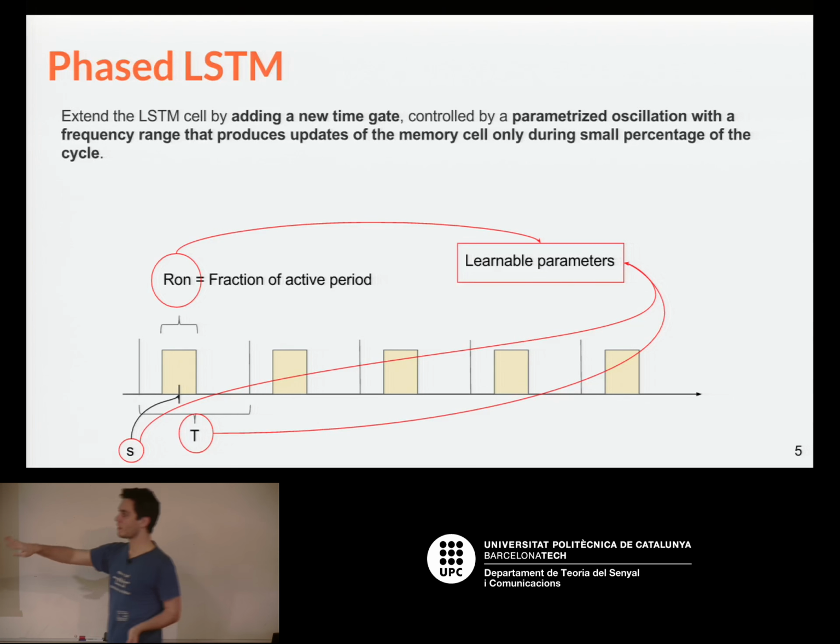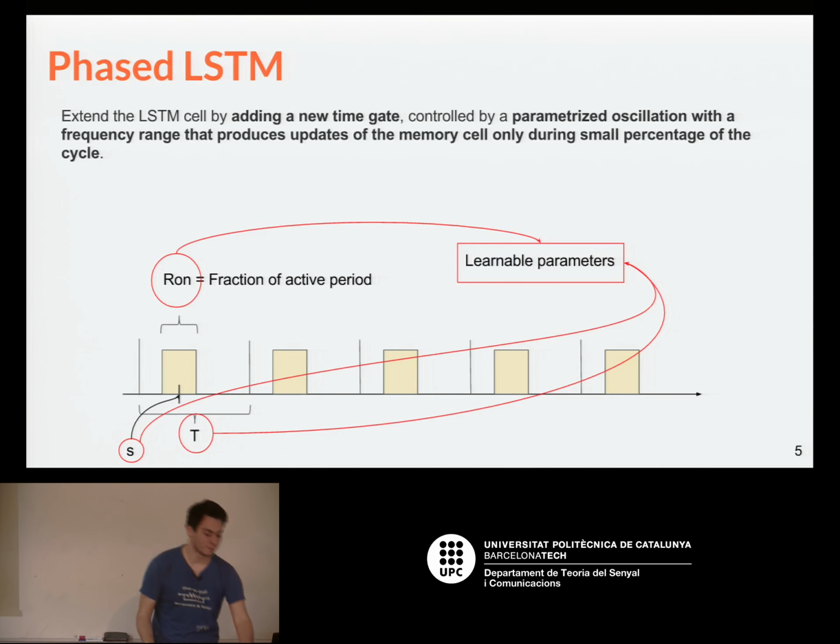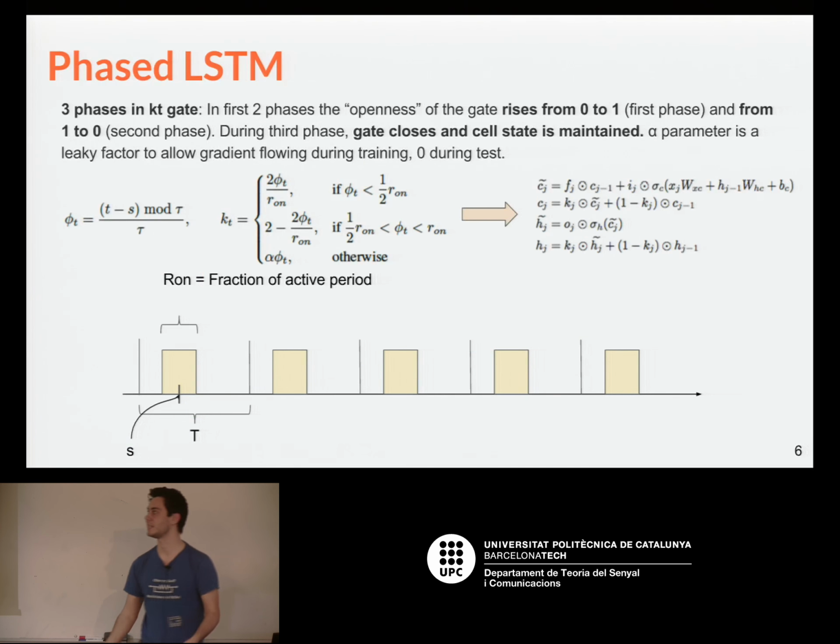We have this signal with period t and phase shift s, and an active cycle range within the period. Whenever the cycle is active, the cell is active and it lets information flow happen. Those three parameters are self-learned again. So we have more parameters to learn within the cell, but for a positive purpose if we have enough data.